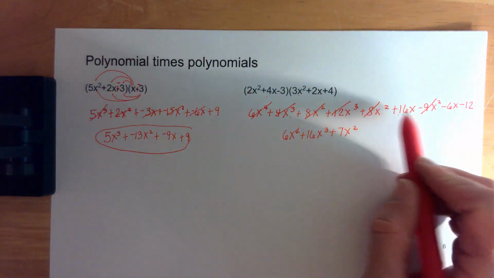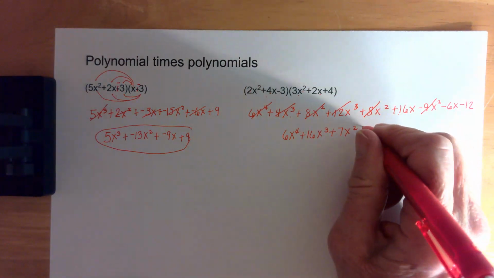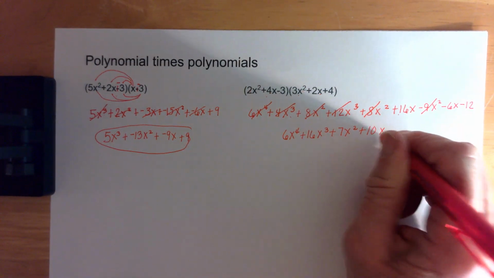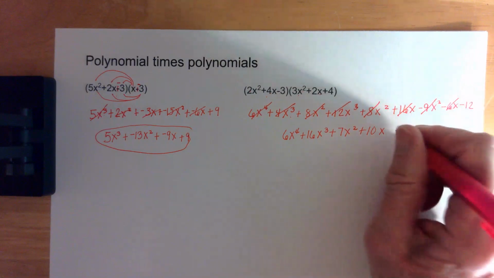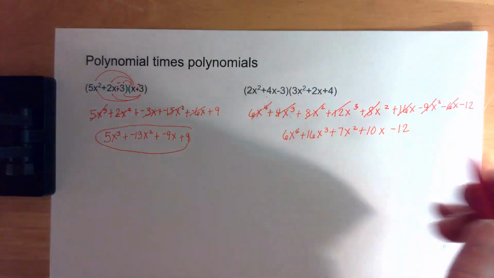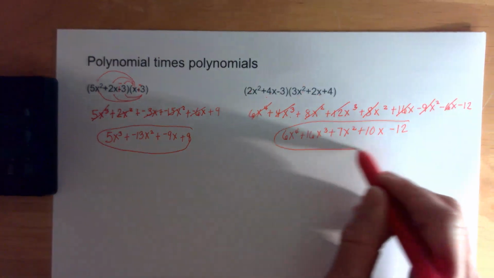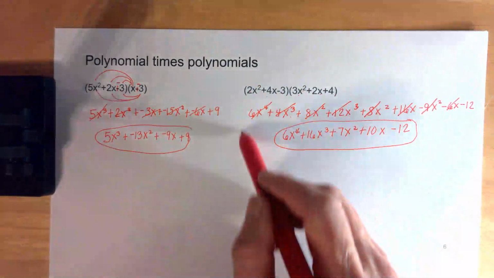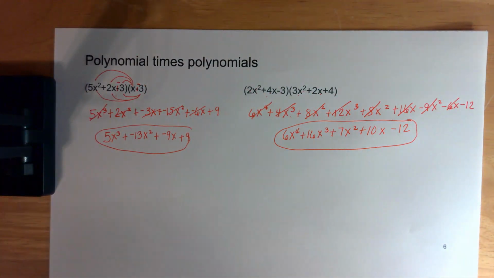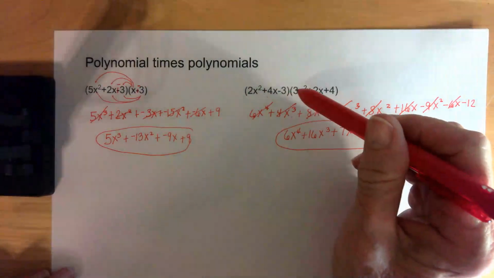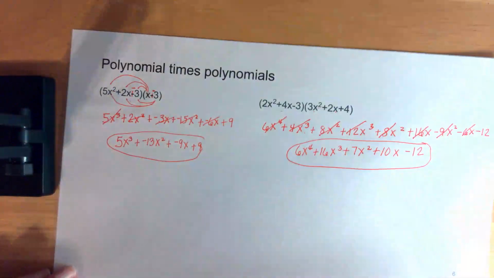And then I have a 16x minus a 6x, which is going to give me a 10x. And then minus 12. Just a little at a time, so you're going to distribute each one of those to the next polynomial.